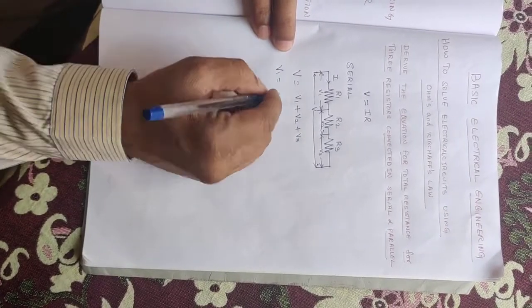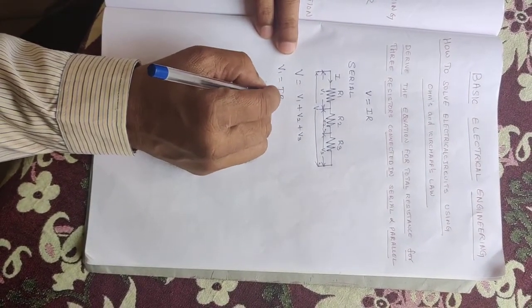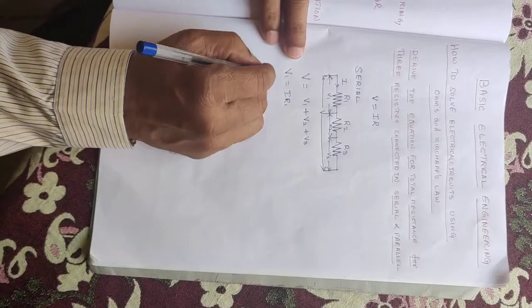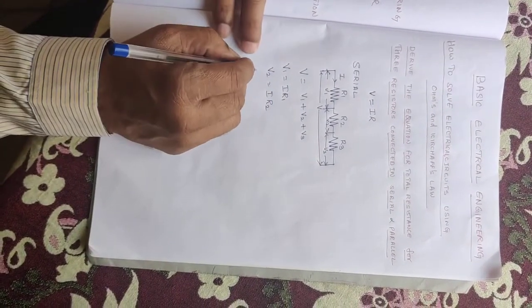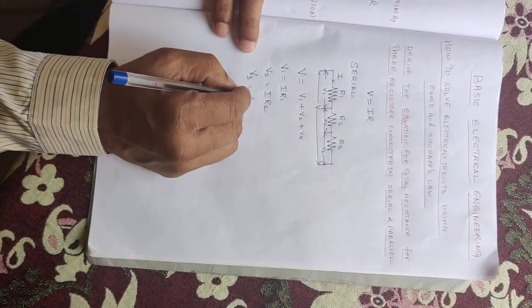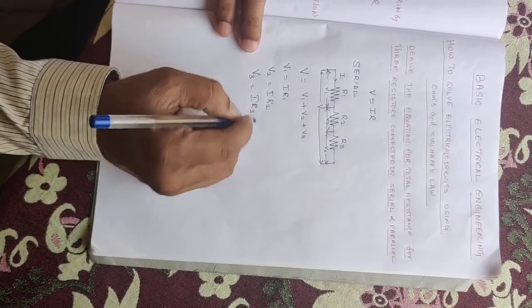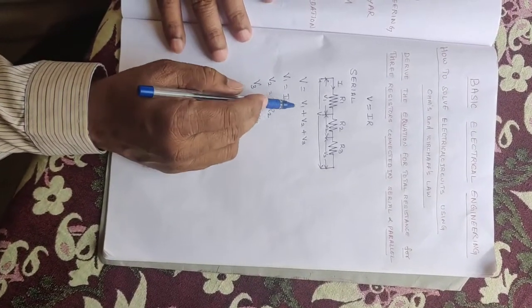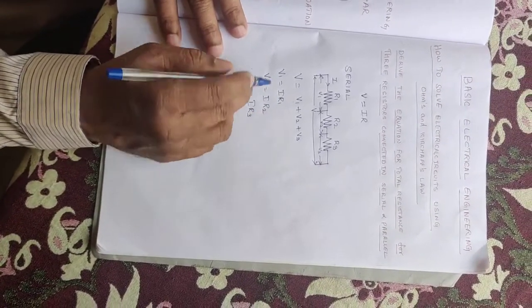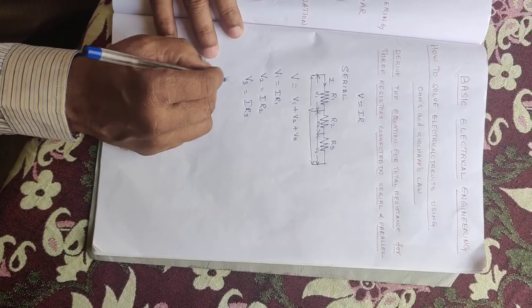V1 is equal to I into R1. Similarly, V2 is equal to I into R2, and V3 is equal to I into R3. So we have defined the values for V1, V2 and V3. Now substitute in the main equation.